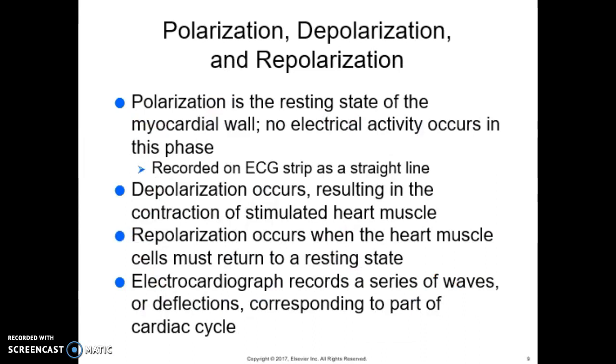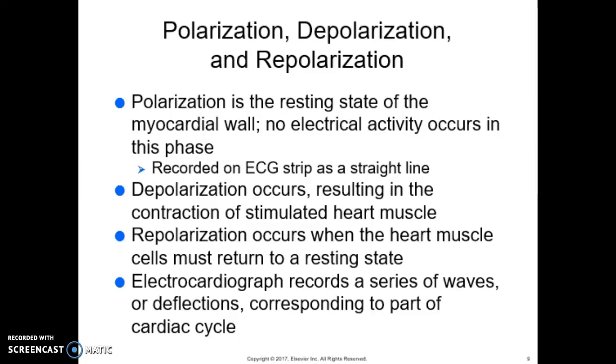So again, let's look at polarization, depolarization, and repolarization in relation to this cycle. Polarization is the resting state, when the myocardial wall is at rest and there's no electrical activity occurring in this phase. So this is a straight line on the ECG strip.